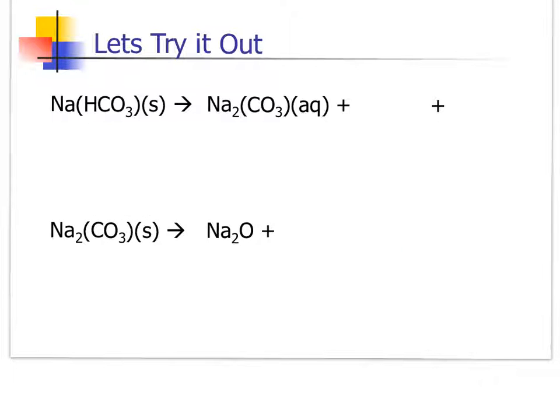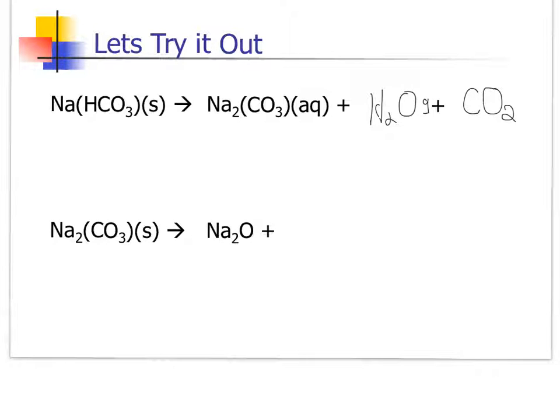So here I have sodium hydrogen carbonate decomposing to make a metal carbonate. And now I still have two products that I need to come up with. One of them should be water, and the other one should be carbon dioxide.